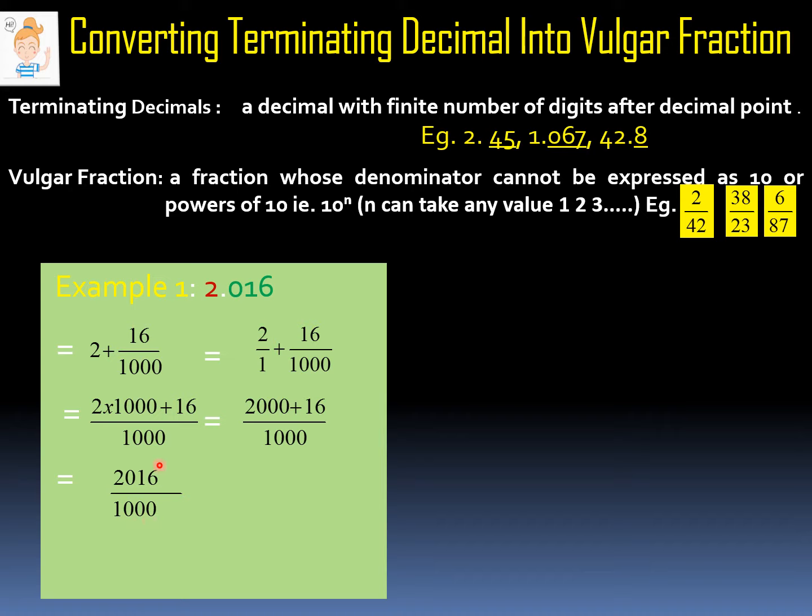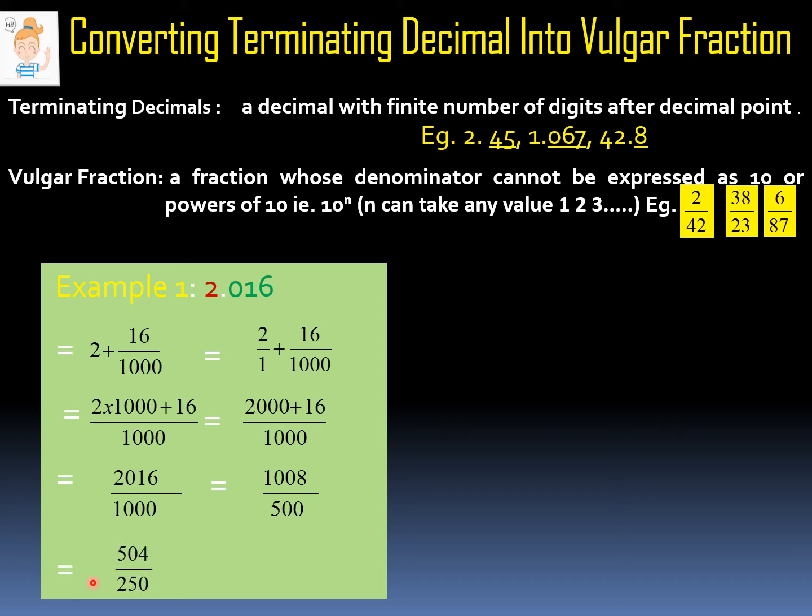So here we'll start with the smallest number, which is 2, and we'll divide 2016 upon 1000 by 2, which will give 1008 upon 500. Numerator and denominator by 2.